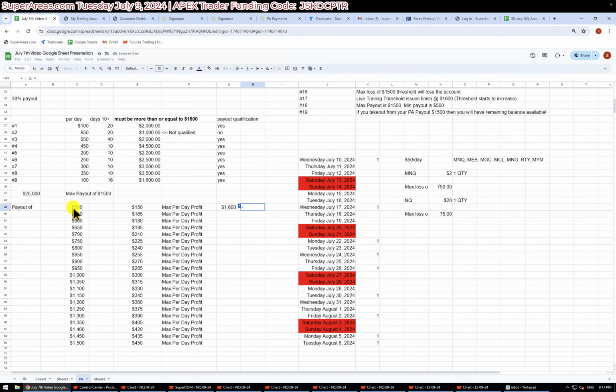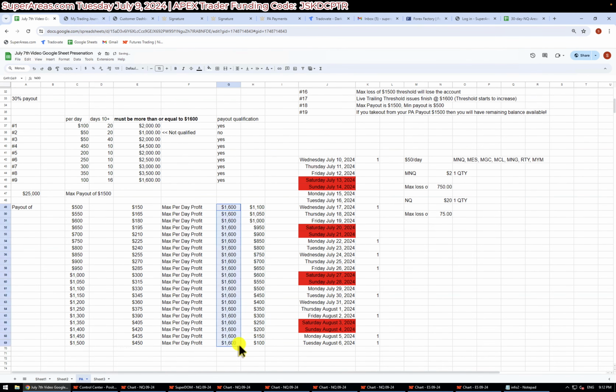Of course, if I take this out, I'm left with 1,600 minus 500, so I would have $1,100 in my account. So this is how it would show the account balance, if my PA account balance is at the payout and I've met all my conditions.